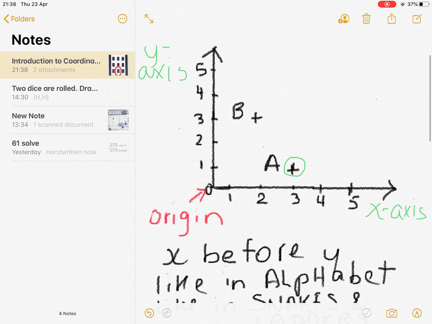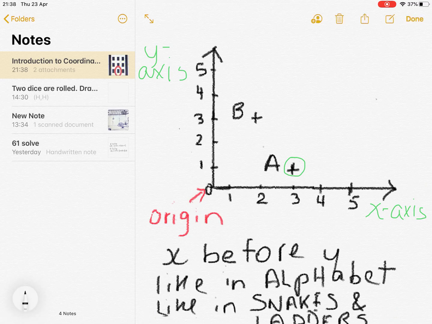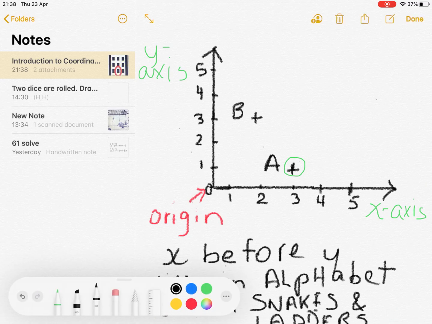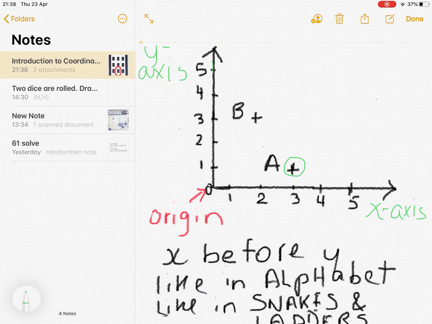Let's say that the fly is here. I'm going to use a green pen to help you recognize it. Let's call it point C. Now, for point C, we did not move horizontally at all.